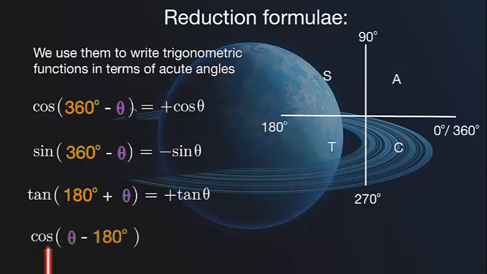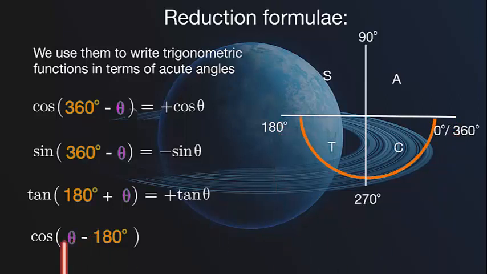Here we have the cosine of theta minus 180 degrees, and let's quickly see what we're going to do now. Well, we start with our critical point, but it's a minus 180 degrees. So because it's a negative 180, we go clockwise. So we start at 0 and we go 180 degrees clockwise. There we go.